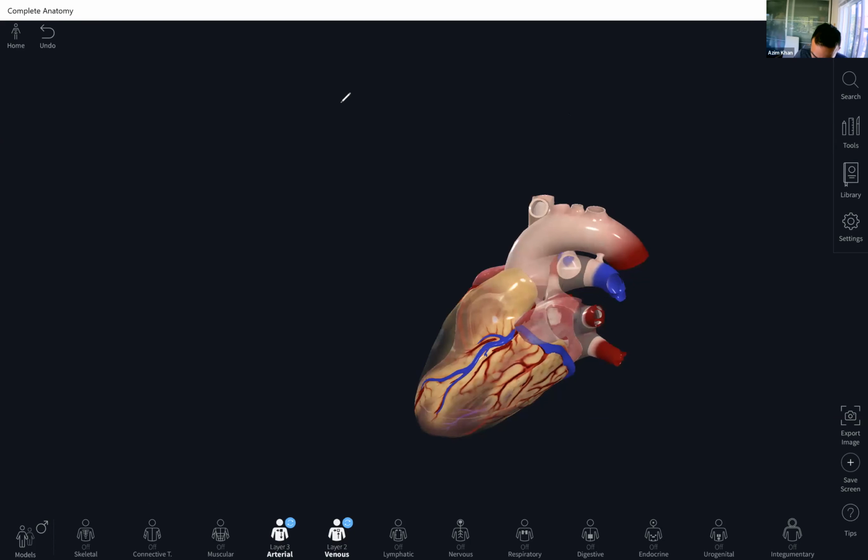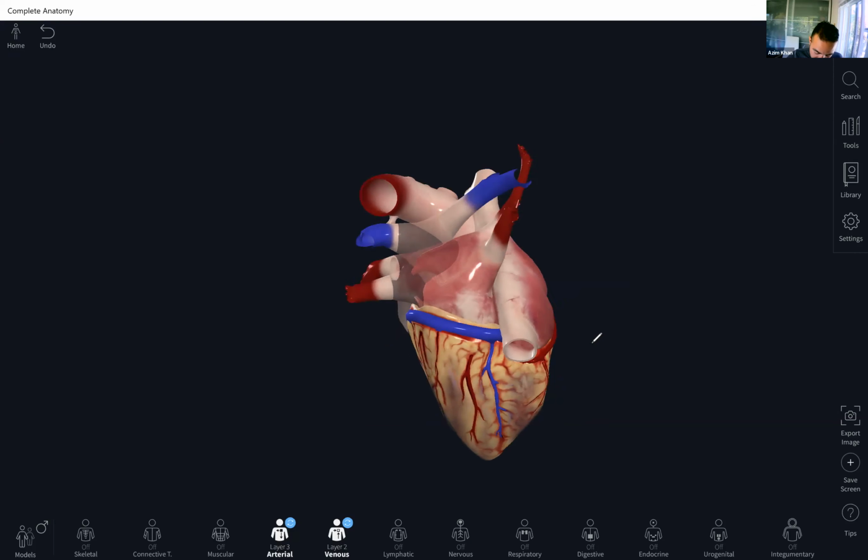Here is our great cardiac vein. Comes up into the coronary sulcus and wraps around a bit. So it starts on anterior, wraps to posterior. Go to the other side.